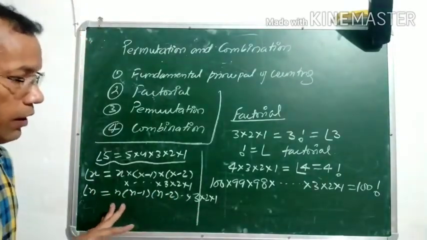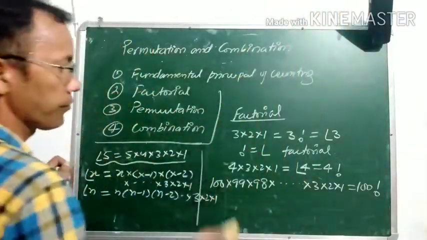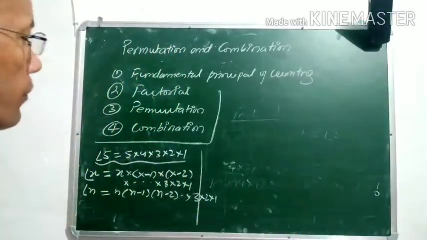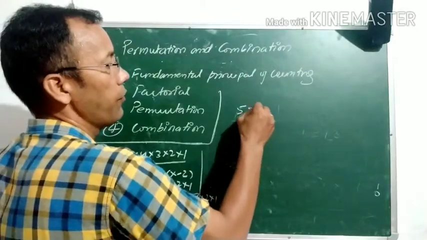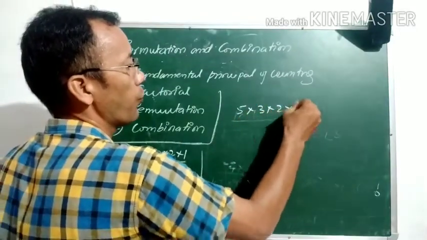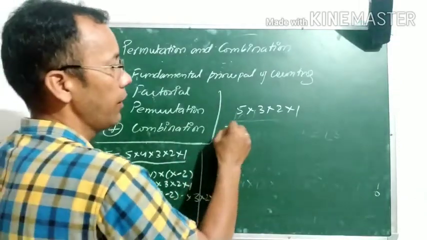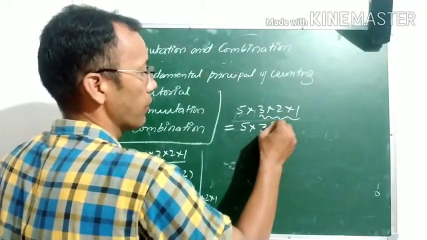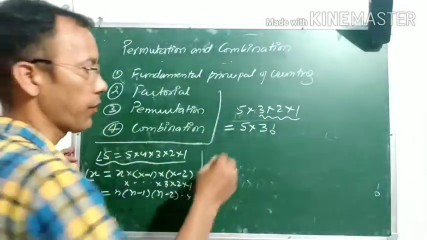Now see this one. If I write 5 into 3 into 2 into 1, it is not 5 factorial. We can write it as 5 into 3 factorial.